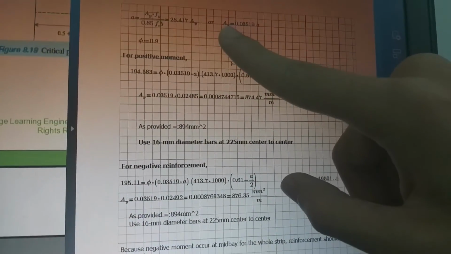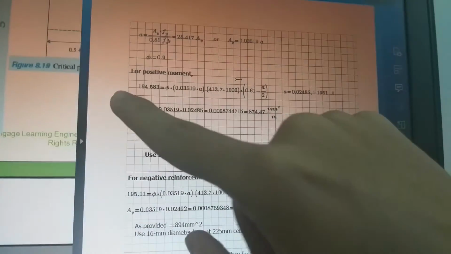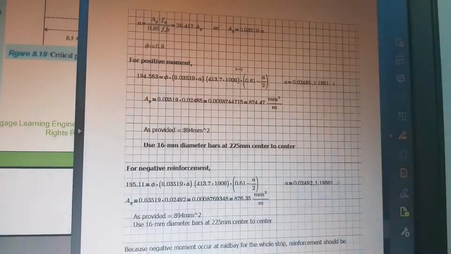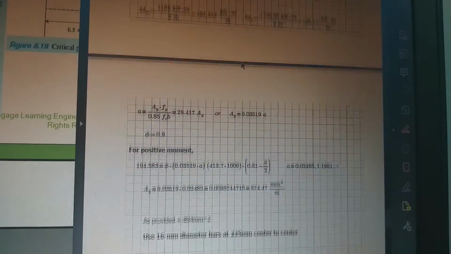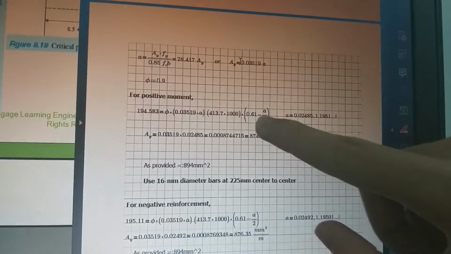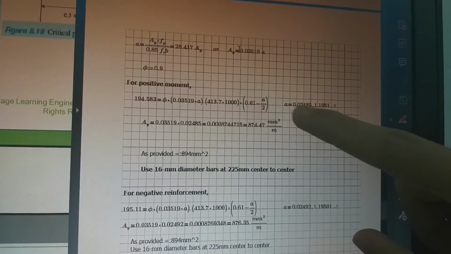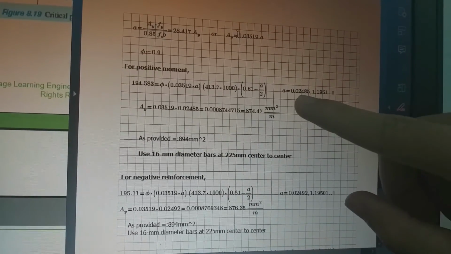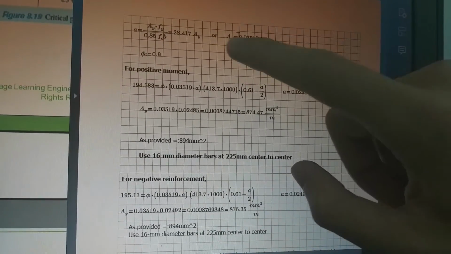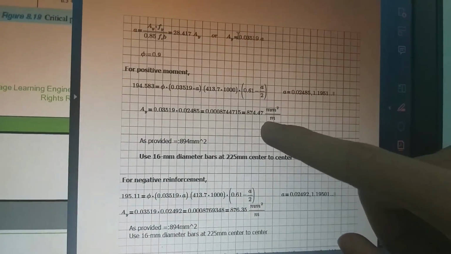For the next part, we want to find the area of AY, where we can find the variable of A using this formula. This is 194, which we get from the previous answer, which is the maximum moment. You put it inside here, and then we arrange the equation, and then we get the L value as 0.02489 and 1.195, where we choose the smaller value, and then we substitute back into this equation, and we get our area of steel, which is equal to 874.47.